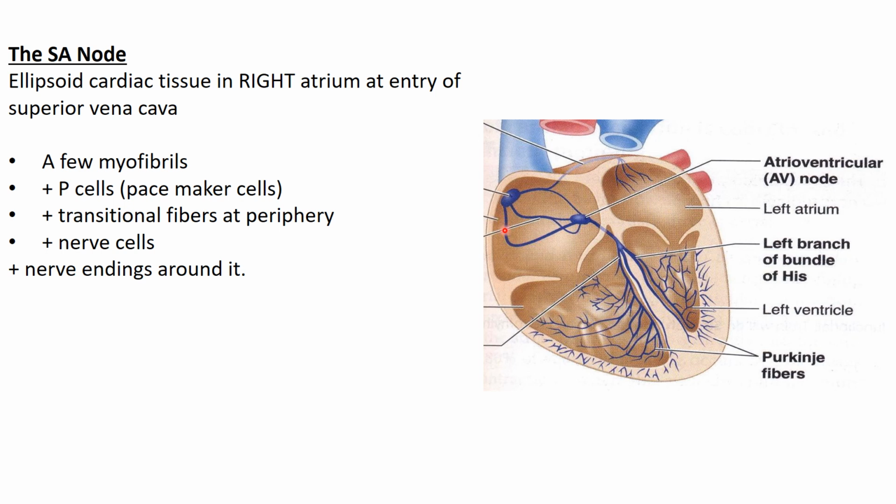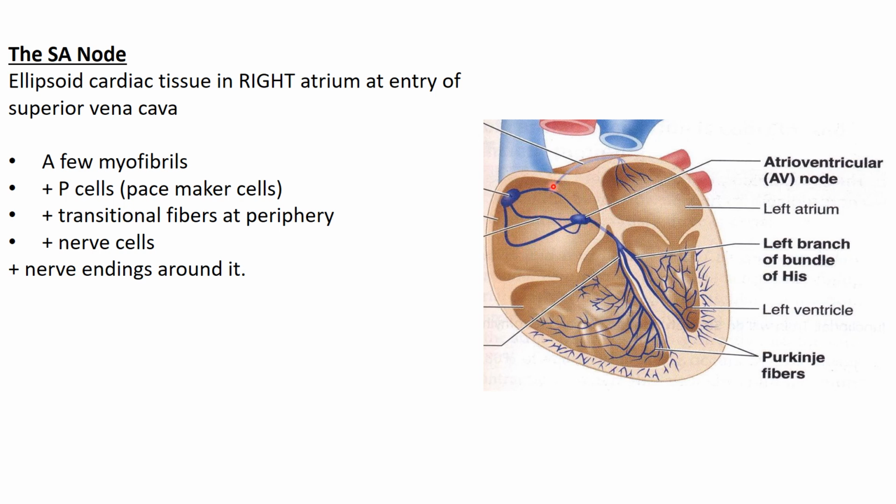Three conducting pathways are joining the SA node with the AV node. This is the SA node, sinus node, sinoatrial node, and this is the AV node, atrioventricular node, and the two pacemaker tissues are joined by these conducting fibers.